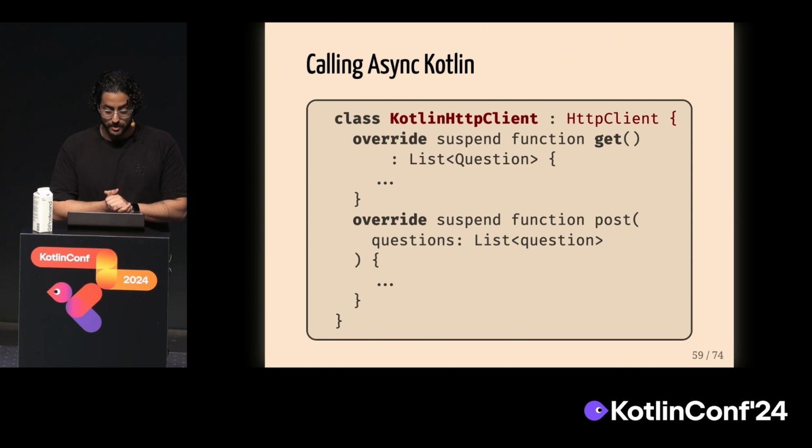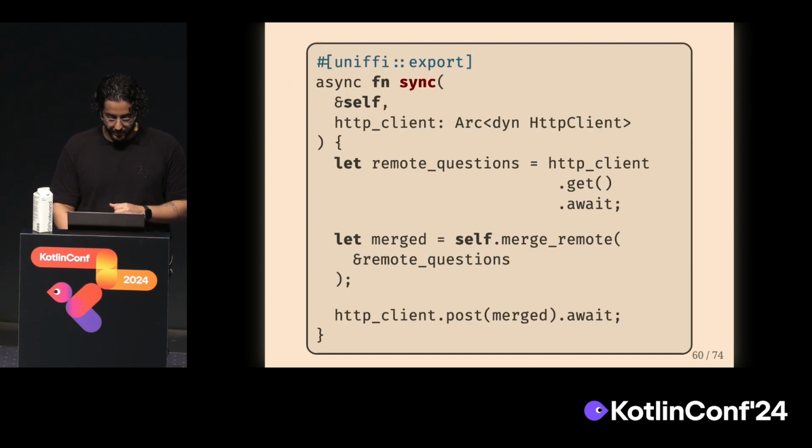And in Kotlin, what you're implementing is an interface with suspend functions. So this is the same thing, except it's a suspend function, and you do with it however you may. And then within Rust, when you call, for example, a sync function to sync your data, you can pass it this HTTP client, and it generates async Rust, or the trait has async Rust functions.